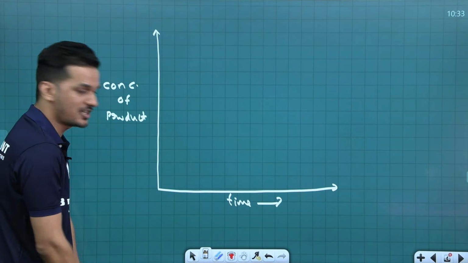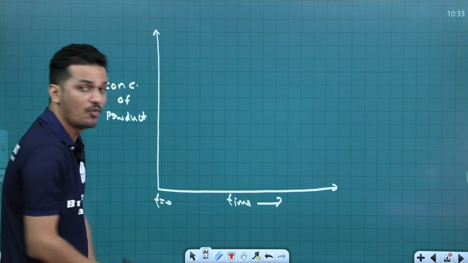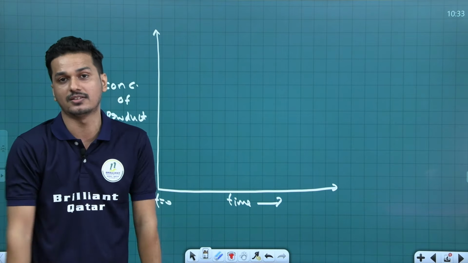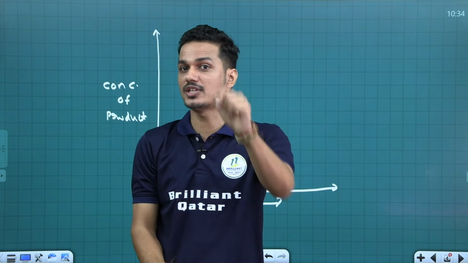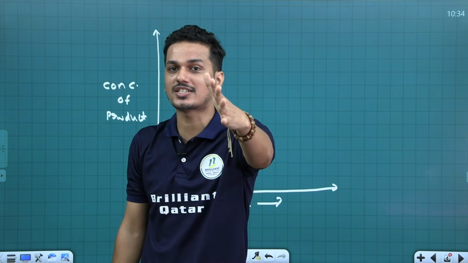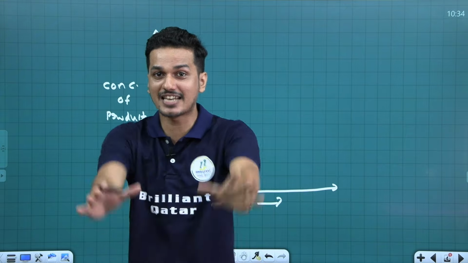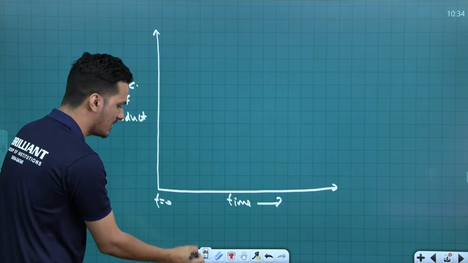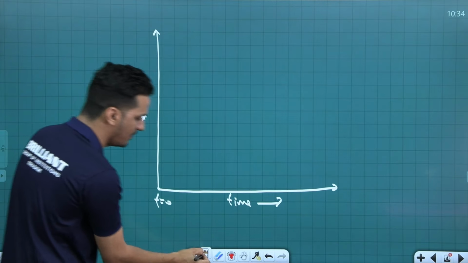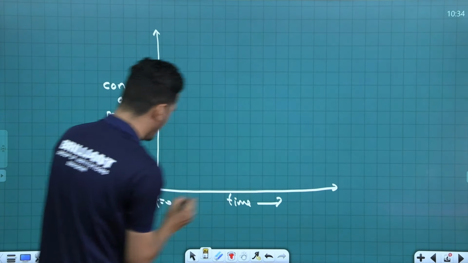And tell me, at time t equal to 0, what will be the concentration of product? Is it maximum? No. At time t equal to 0, the reaction has not started yet. At that time, the product concentration is 0 only.